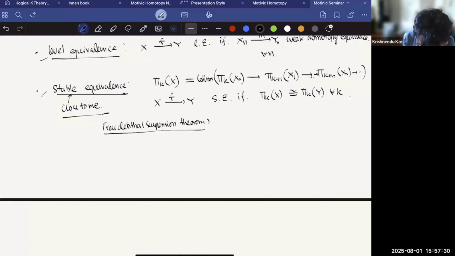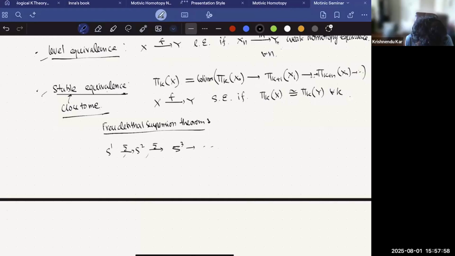So what does it tell you? Let's start with a sphere, for example. You take the suspension of the one sphere, you will get the two sphere. You keep taking suspension, you will get the three sphere and so on.